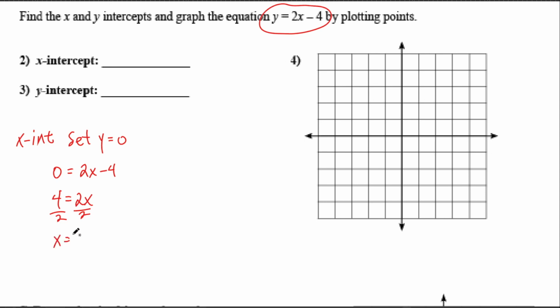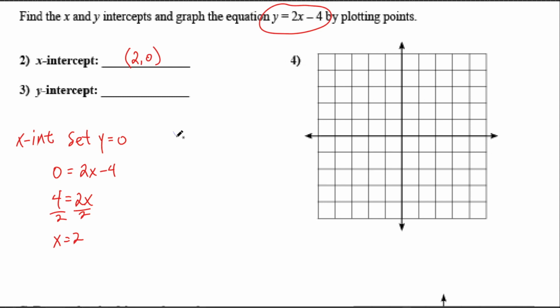So x is 2. Now, it is an x-intercept, and I think I didn't mark off for this, but I told you on the quiz you had to write it as an ordered pair, okay? So let's do that. It is a point. The x-intercept: where does it cross the x-axis? It crosses at (2, 0). So that's your x-intercept.